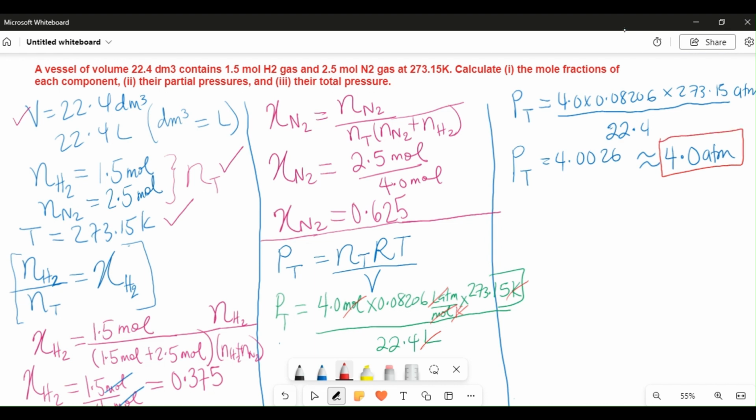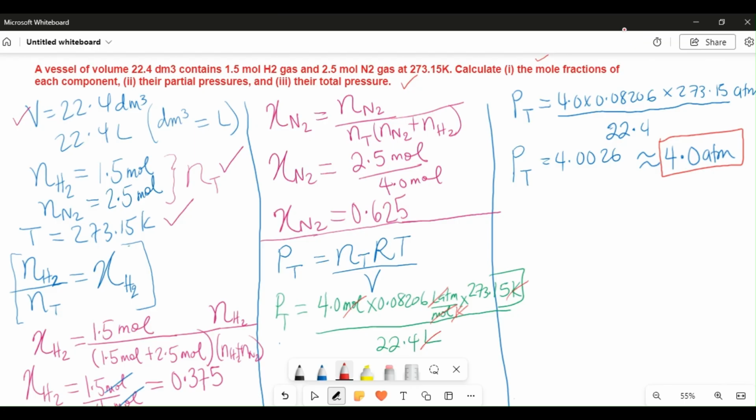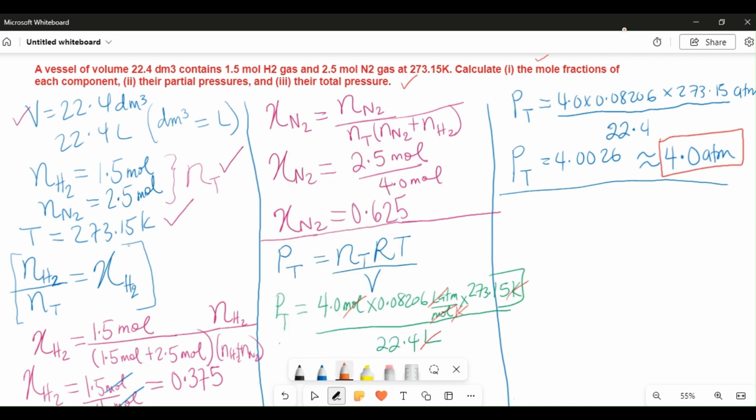Now we've gotten the first part of the question, the mole fractions of each component as well as the total pressure. Now we can do the simple math and all the formulas we've learned so far to find the partial pressures. So for the partial pressure, let me use a different color just because we've been overusing blue. Let's use orange. So you have the partial pressure of H2 gas being the mole fraction of H2 gas times the total pressure.